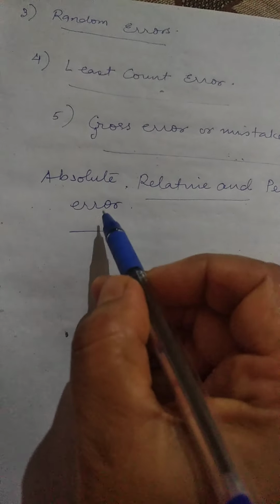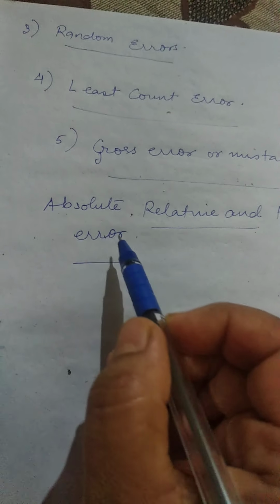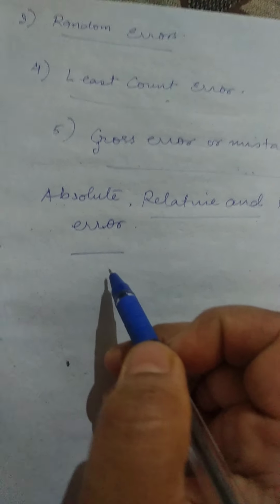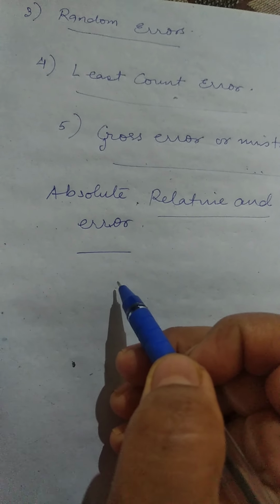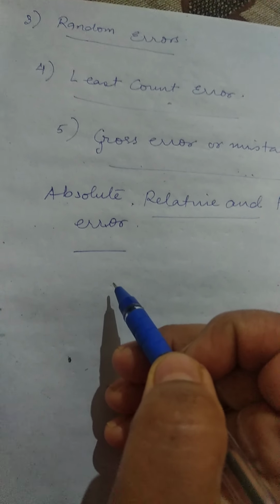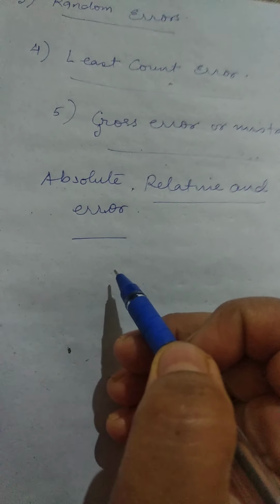So what do you mean by absolute error? The magnitude of the difference between the true value of the quantity measured and the individual measured value is called absolute error.